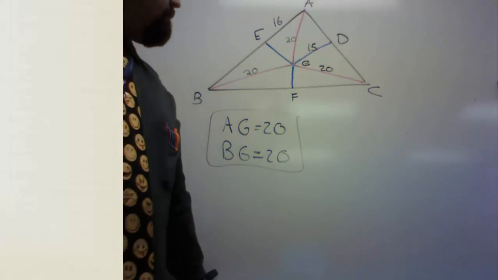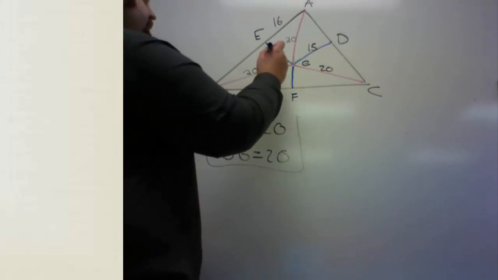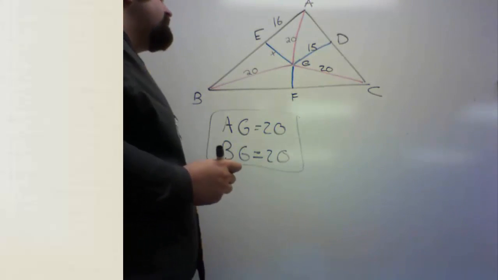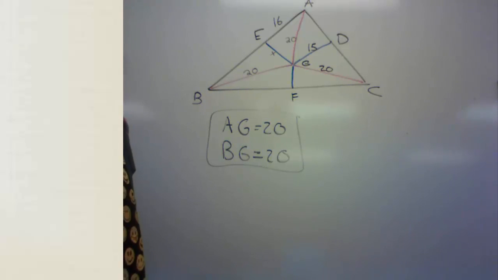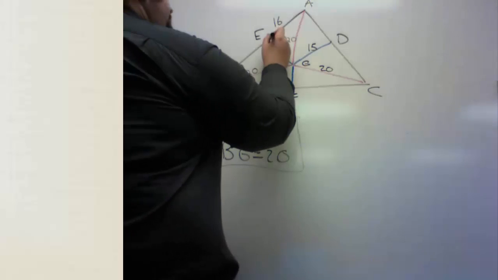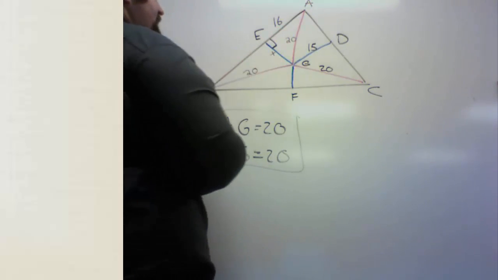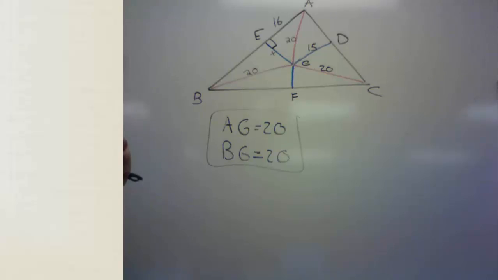But now comes the hard part. How do I find this length? Oh, I think I see it now. This here is perpendicular. This is a right angle. I'm going to erase the parts that I no longer need. So watch carefully.